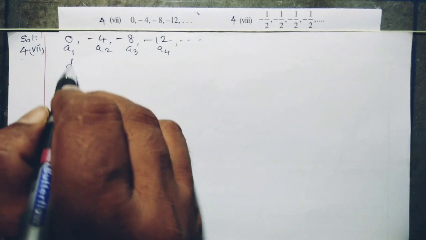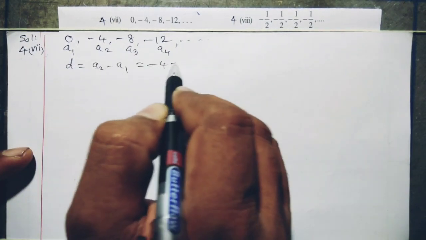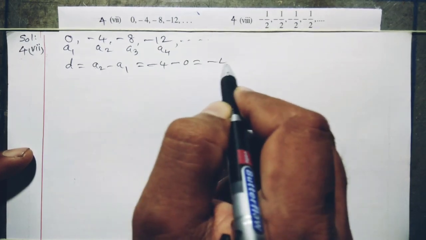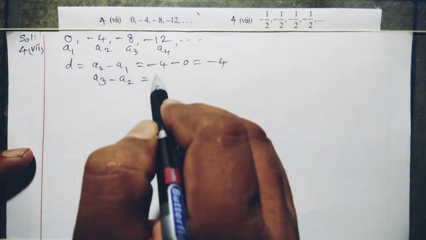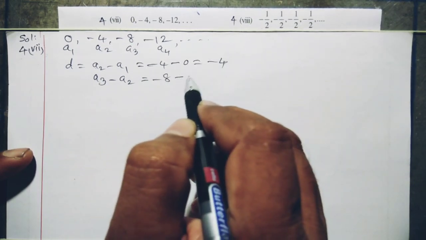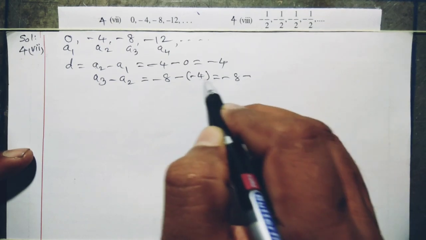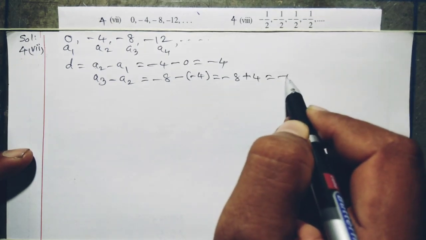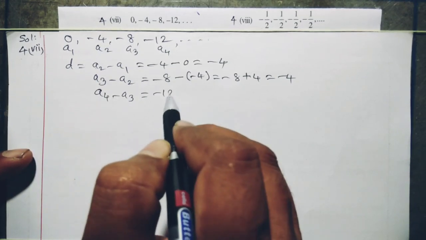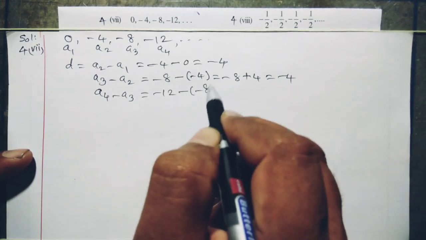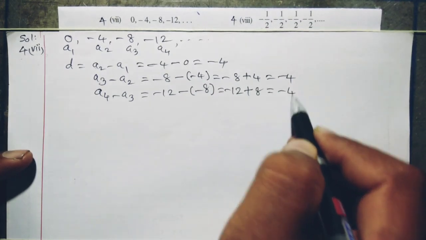Common difference D is equal to A2 minus A1, which is minus 4 minus 0, equal to minus 4. A3 minus A2 is minus 8 minus of minus 4, which is minus 8 plus 4, equal to minus 4. A4 minus A3 is equal to minus 12 minus of minus 8, which is minus 12 plus 8, equal to minus 4.